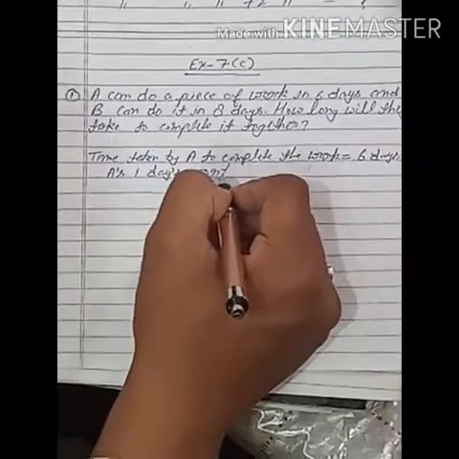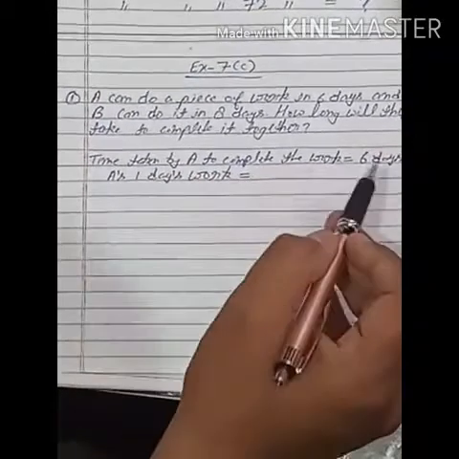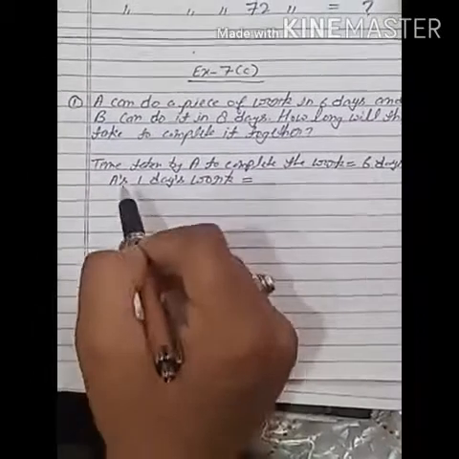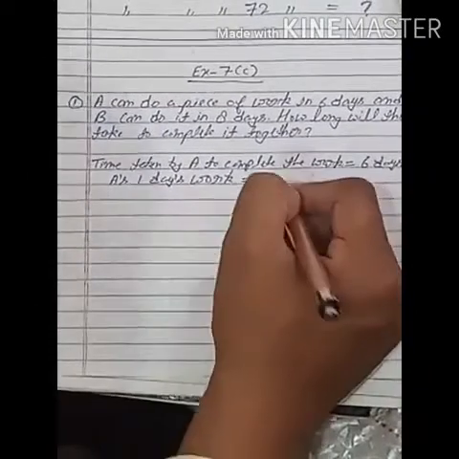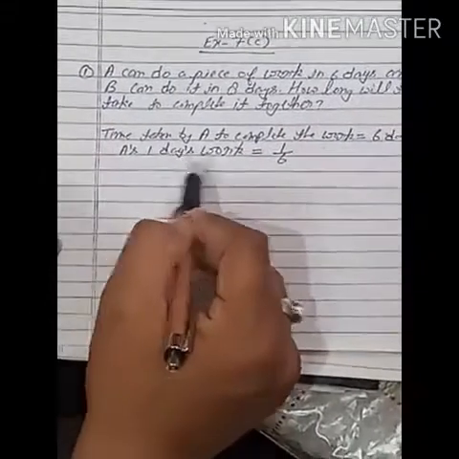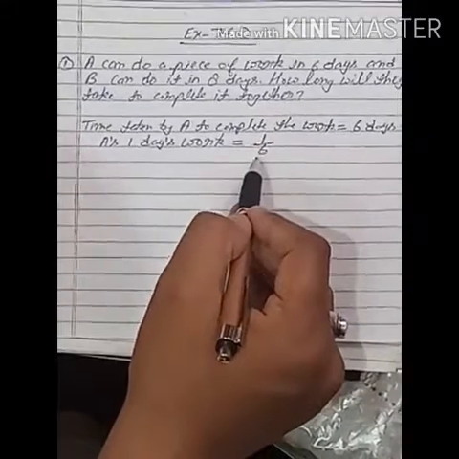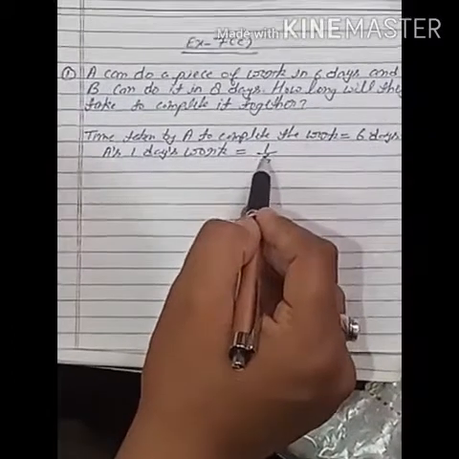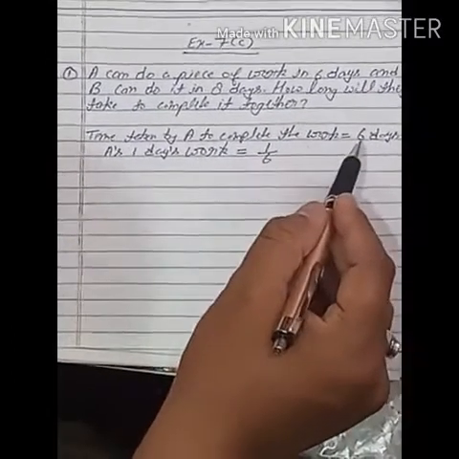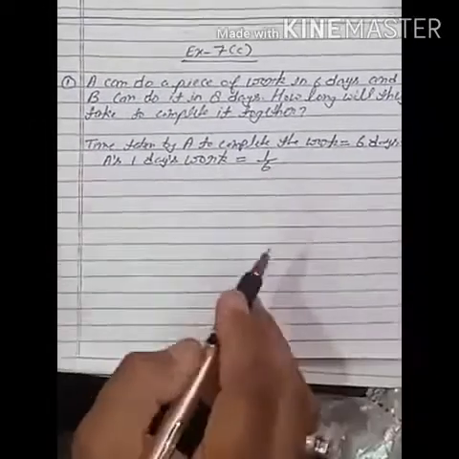It means how much work is completed by A in 1 day if he is doing the work in 6 days. So A's 1 day's work is equal to 1 upon 6. Formula of 1 day's work is equal to 1 upon time taken to complete the work. So 1 upon how many days taken by A to complete the work? 6. So A's 1 day's work is equal to 1 upon 6.